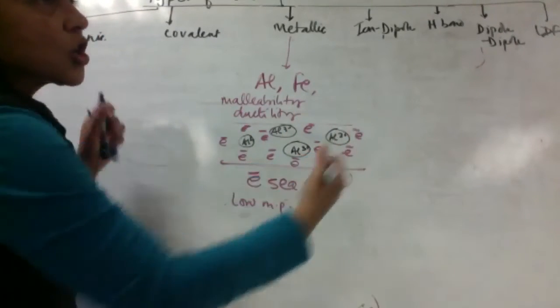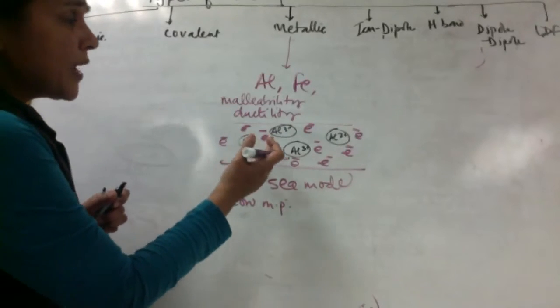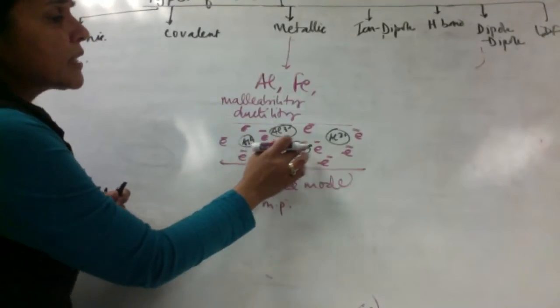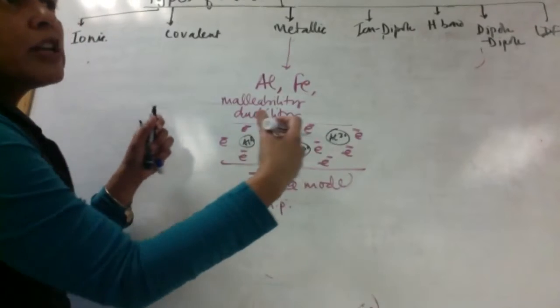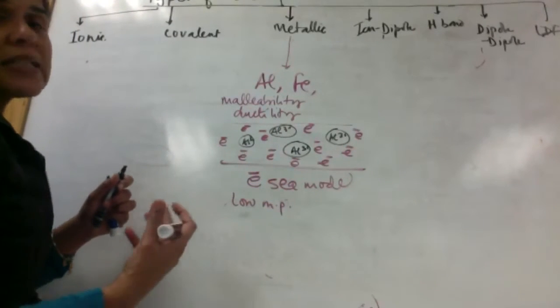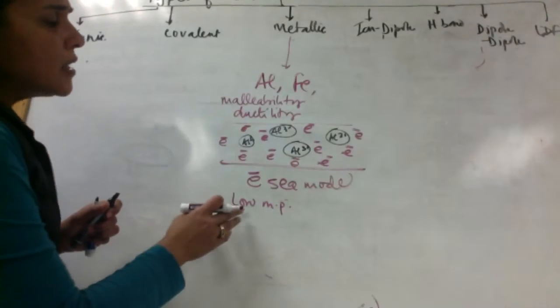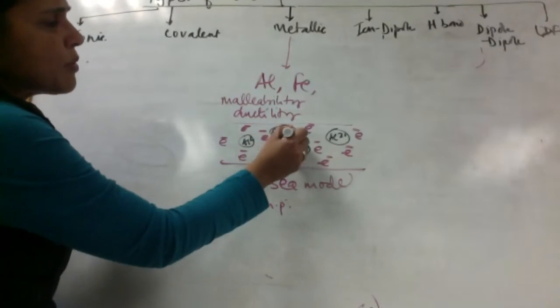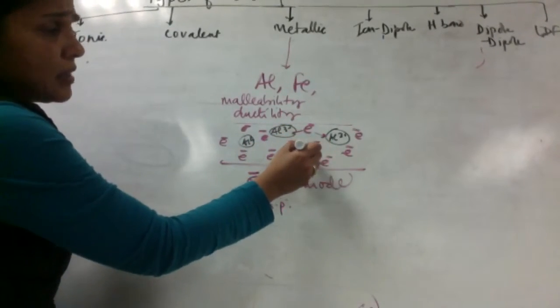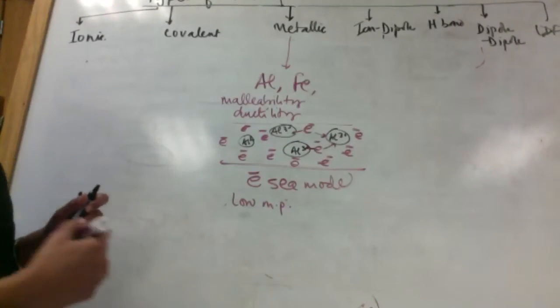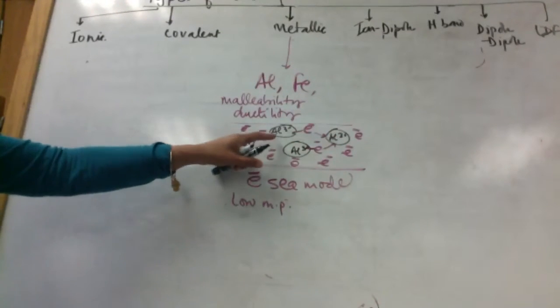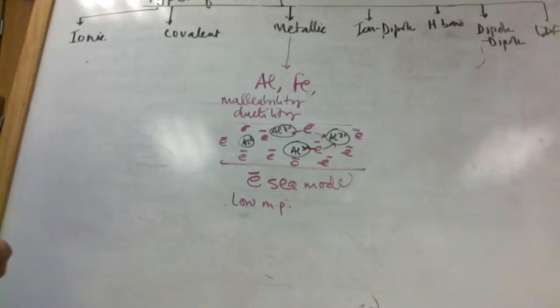As you stretch a metal, it doesn't break, but those displaced metal cations will always find some delocalized electrons to attract them. Same thing with ductility. And the low melting point is because of these bonds. However, because of delocalization, metallic bonds are not very strong.